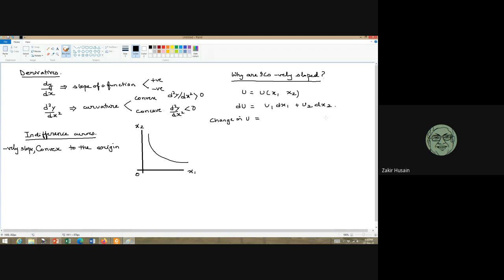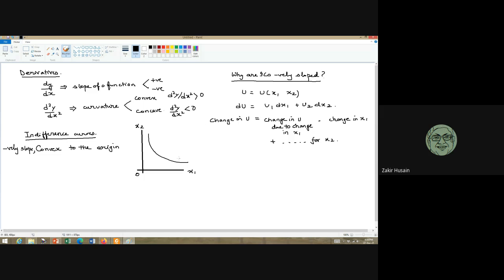So dx1 is the change in consumption of x1 and u1 is the change in utility due to the change in x1, plus the same thing for x2. So a change in utility can occur because x1 changes and this changes the utility level, or x2 changes and this changes the utility level, or both can change.